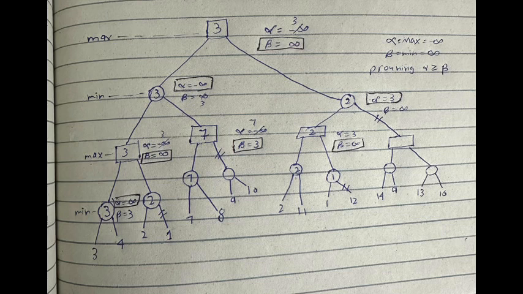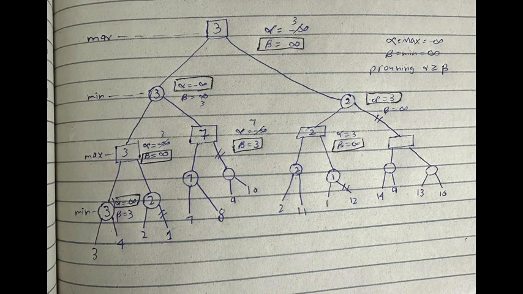We traverse up the same way, bringing the value of alpha, 3, but the next node is the circle one, which is going to be the minimum, and it's going to get the value from the bottom node, which was 3. The best value which we got was 3. So beta's value is going to be updated to 3, and alpha's value is going to be locked to negative infinity.